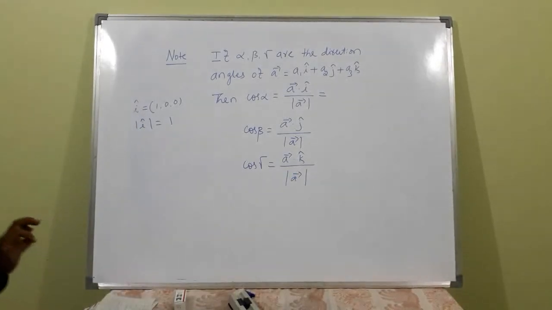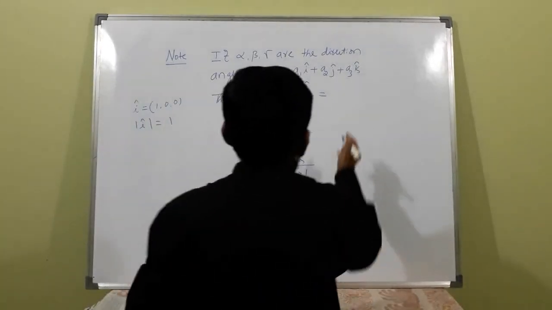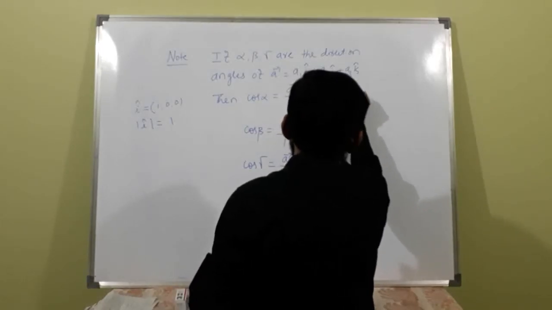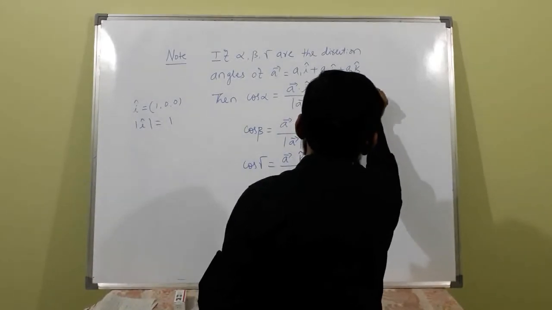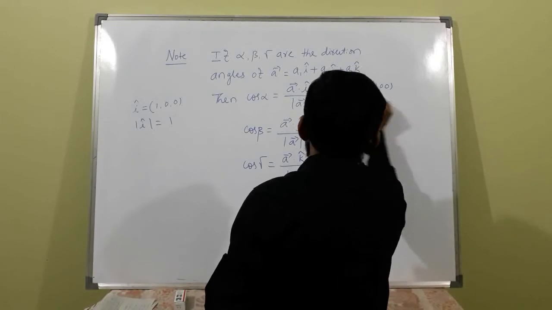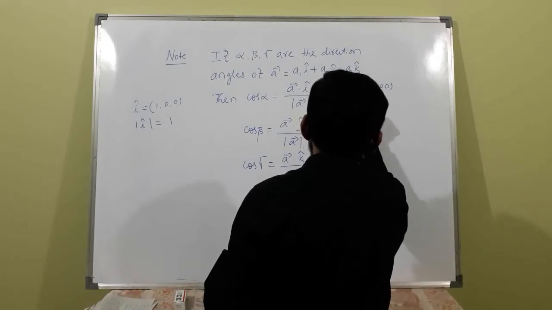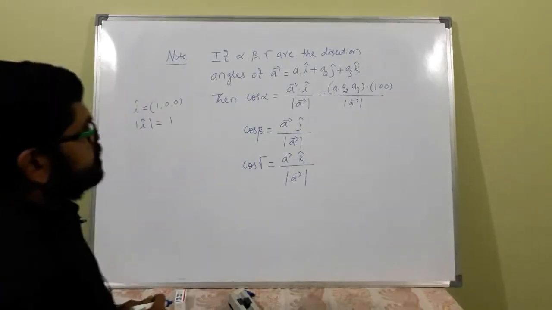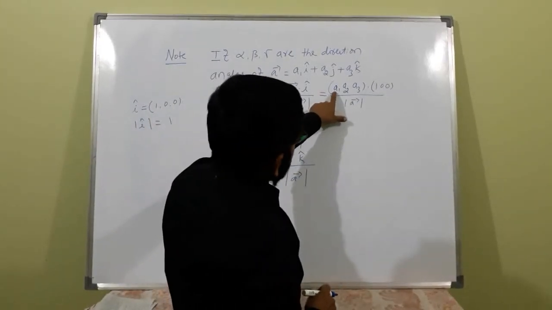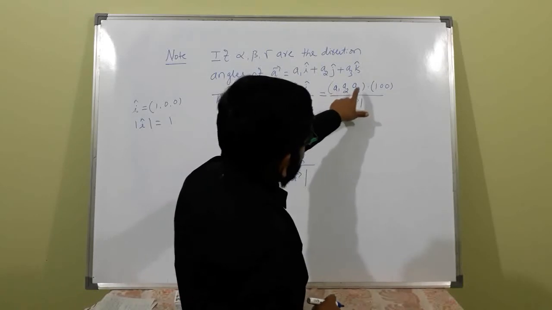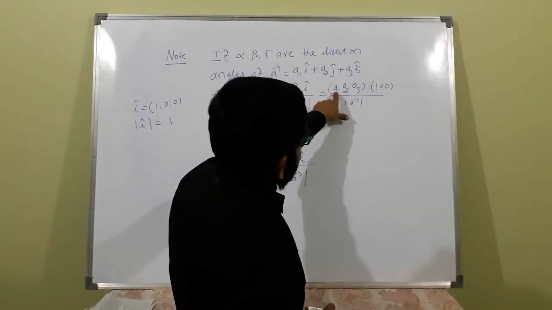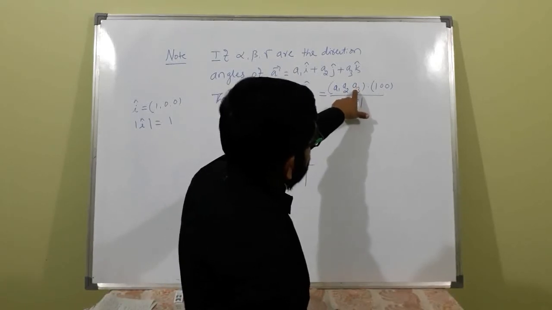You got it? See, what is A? A is (A1, A2, A3) dot (1, 0, 0) divided by magnitude of A, isn't it? See, scalar product of (A1, A2, A3) and (1, 0, 0) means A1 into 1 plus A2 into 0 plus A3 into 0.